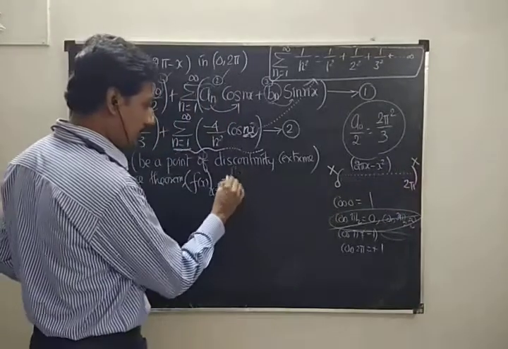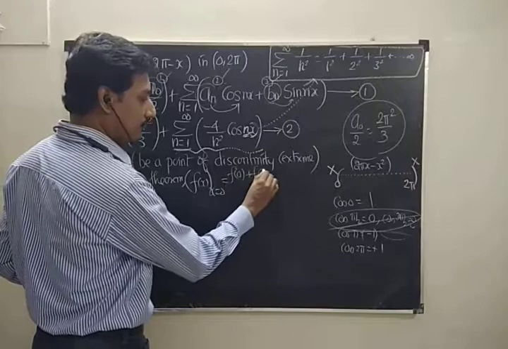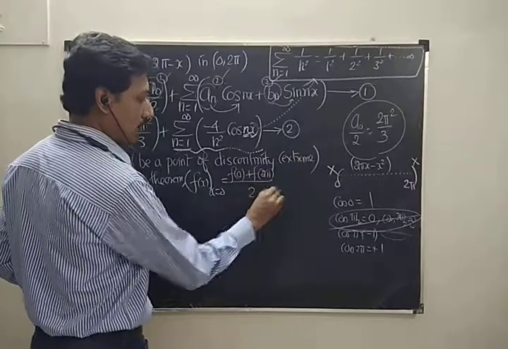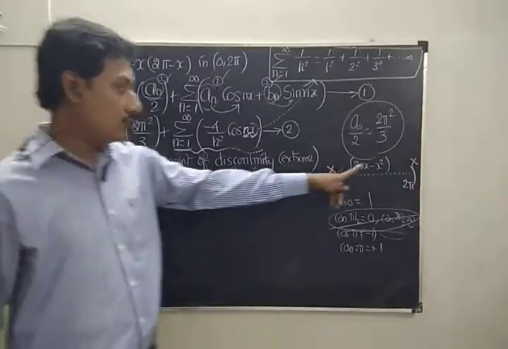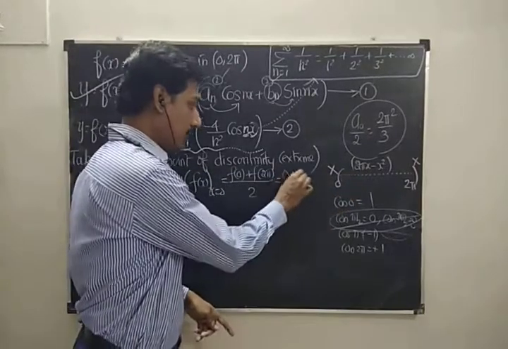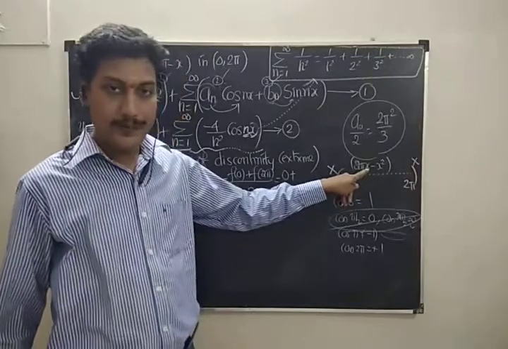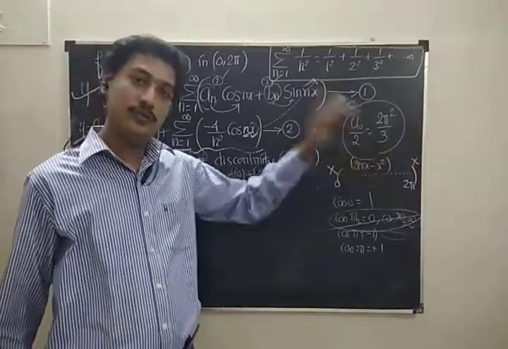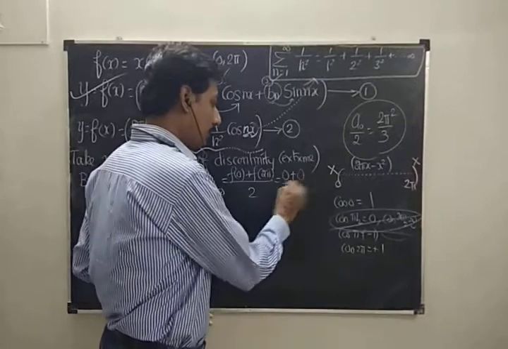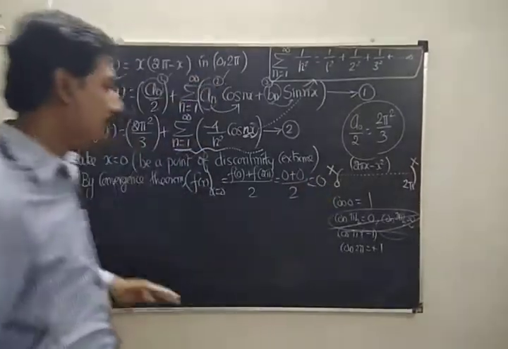So f of 0 plus f of 2 pi, by 2. Now substitute x equal to 0, this gives 0. Substitute x equal to 2 pi: 2 pi into 2 pi is 4 pi squared, minus 2 pi whole squared, it is 4 pi squared minus 4 pi squared, so it is also 0 by 2. So the left hand side is simply 0.